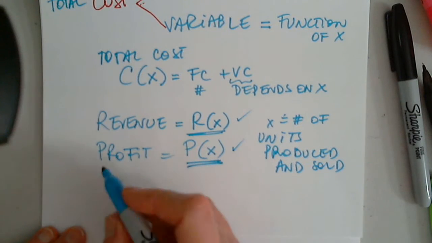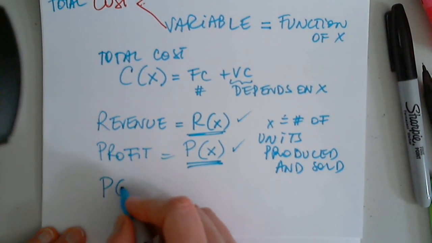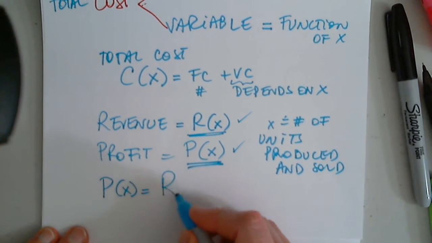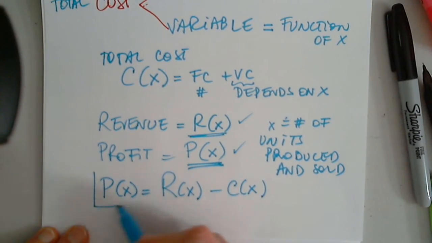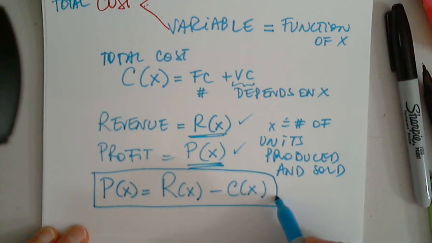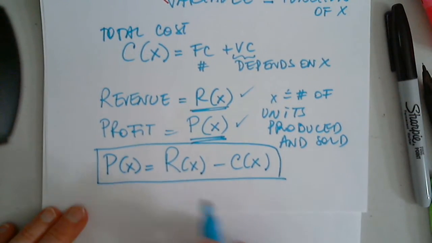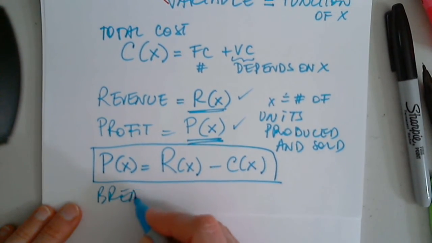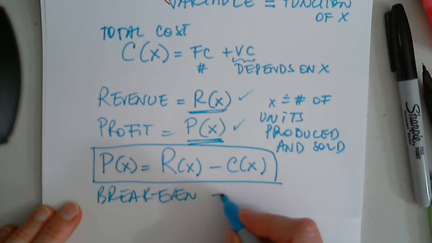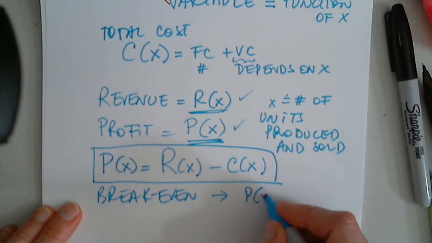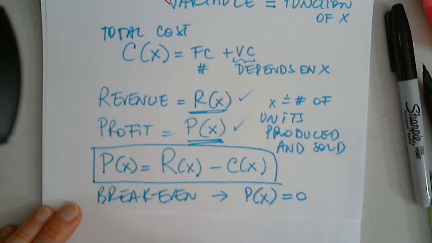So the relationship is that the profit equals the revenue minus the total cost. And there is something called break-even. Break-even means that the profit is 0. It's not desirable, but it's better than being negative. So when is the profit 0?